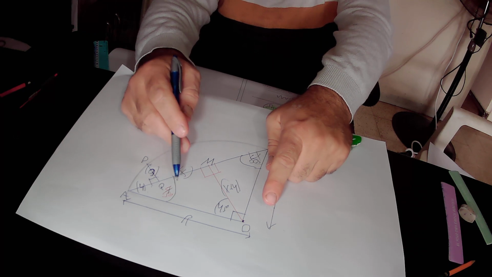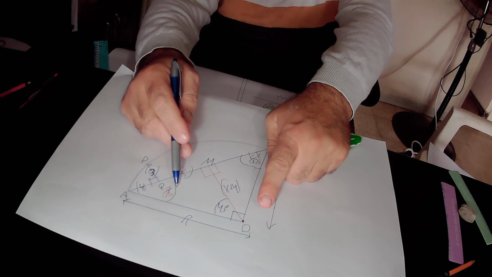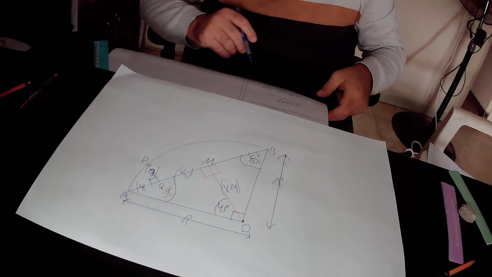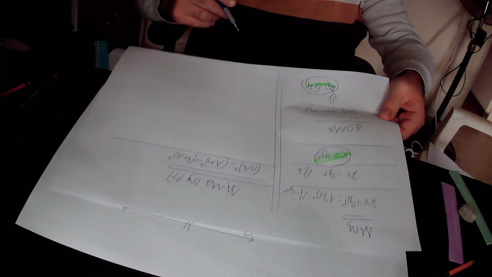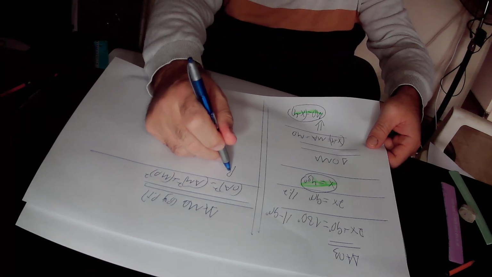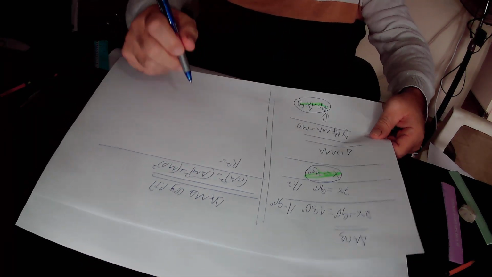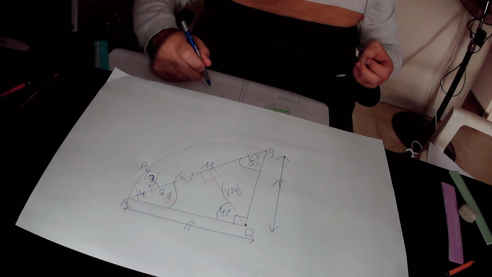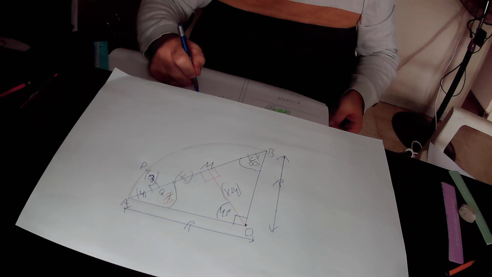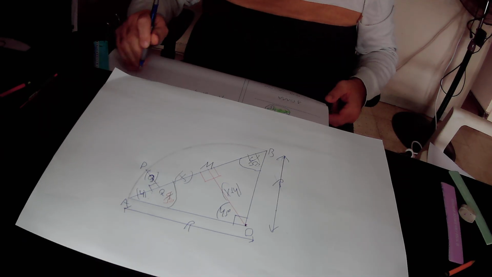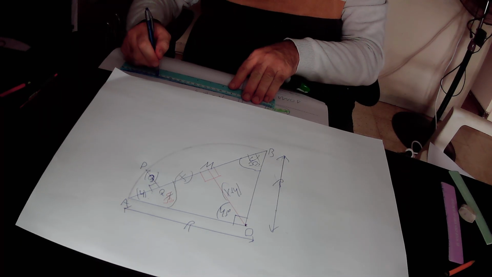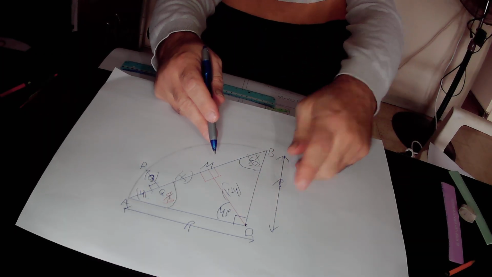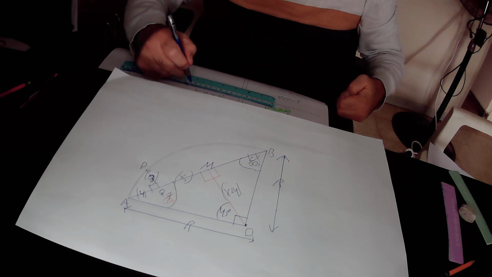So OA equals R, therefore OA square is R square. So R square equals AM square, and AM is x plus 4, therefore AM square is x plus 4 square. Plus MO square; MO is also x plus 4, therefore MO square is x plus 4 square.